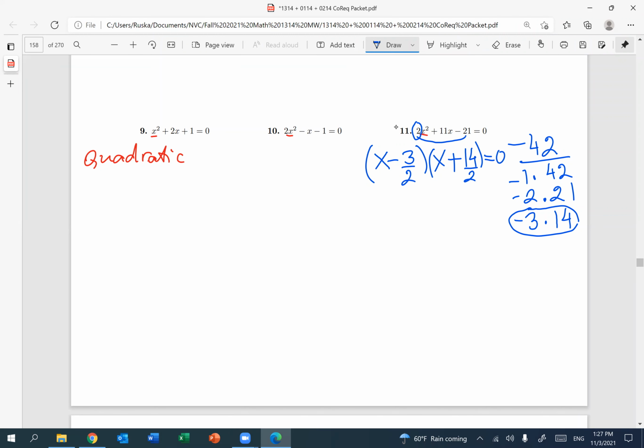Now I can reduce this, or I can just solve this equals 0 and this equals 0, and you're going to get x equals 3 over 2. And then the other one is going to be 14 divided by 2, 7, so when you move it over, x equals negative 7. So these are my 2 answers, right? You know how to solve quadratics, just a review of it. Okay, any questions on this?